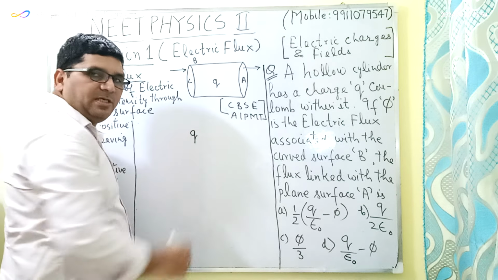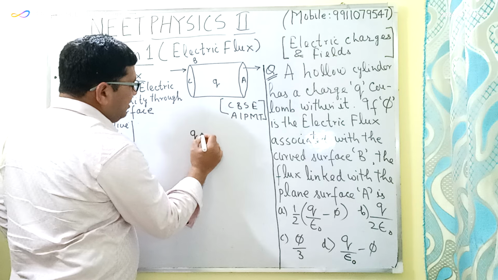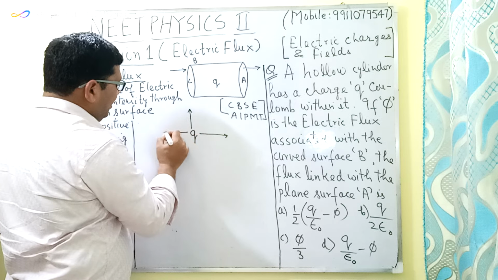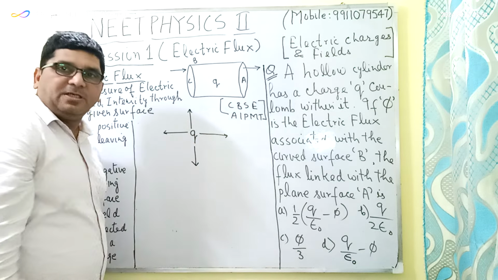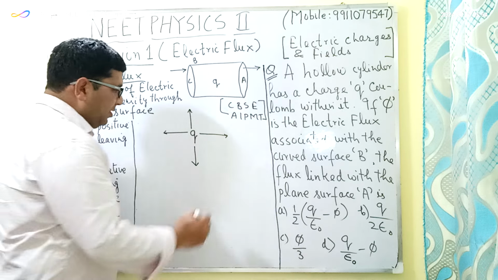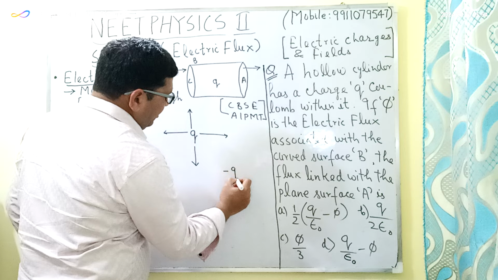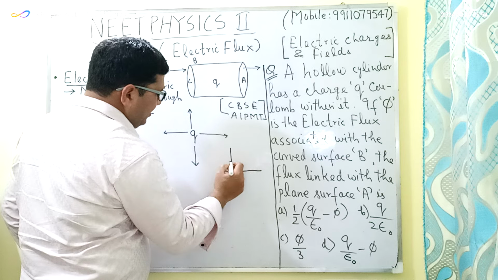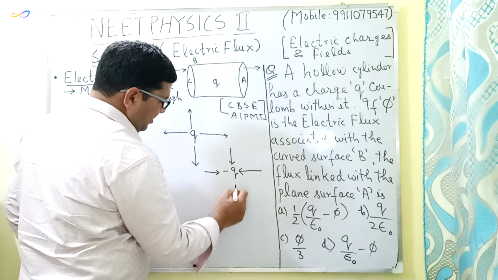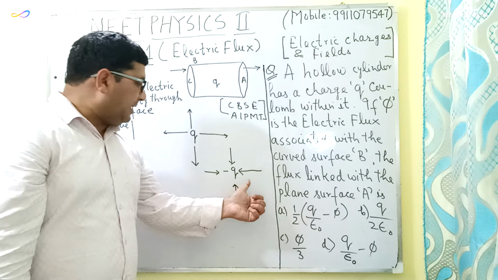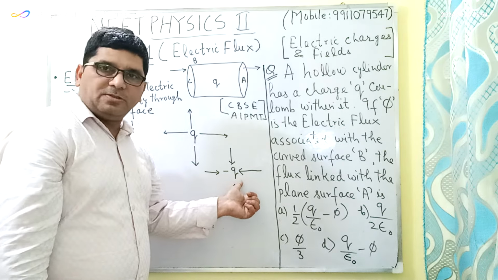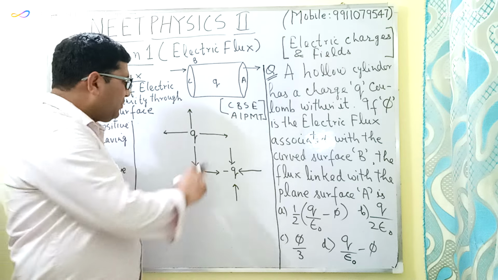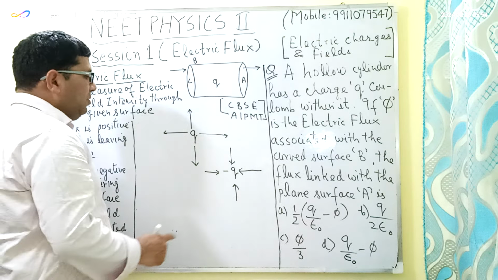A positive charge will generate the electric field in the outward direction, that is, the direction of the electric field due to a positive charge is directed outward as indicated by this arrow, whereas the electric field due to a negative charge is directed inwards as indicated by this arrow in this diagram. Here this is a negative charge, so the electric field is directed inwards, towards the charge, whereas in the case of a positive charge, the electric field is directed outward, or you can say it is away from the charge.